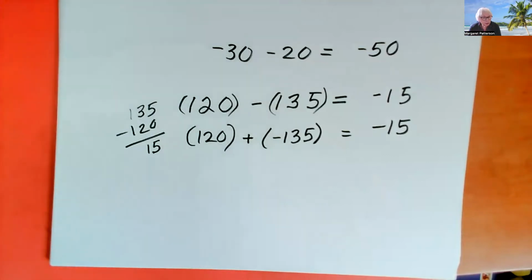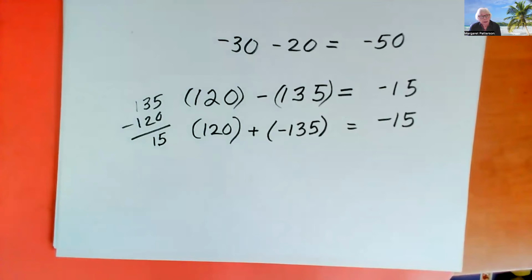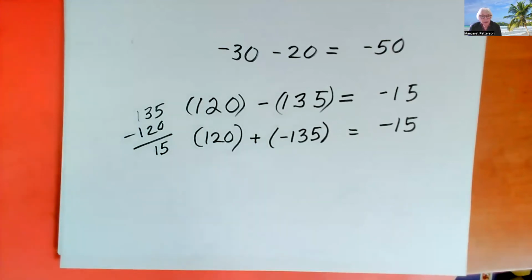So this is not due till later in the week, this subtracting part. But we want you to get started with this. One of the reasons that we hopped over to chapter 10 is in order to do algebra, you're going to be dealing with positive and negative numbers. And you've got to get to the point where you're no longer making any more mistakes about the positive and negative numbers.